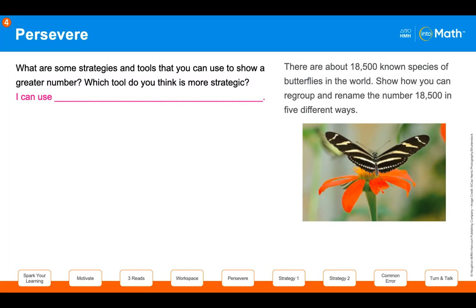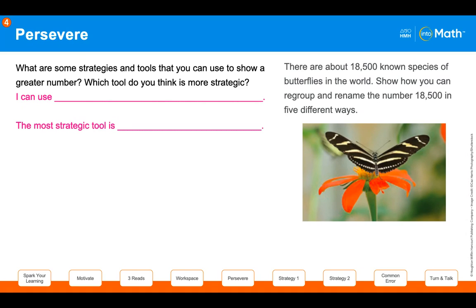So last week we learned that we can use standard form, but of course our number is already in standard form here. We can use word form, and we can use expanded form. We also could use base 10 blocks to represent this number. Can you think of any other strategies that we could use to show a greater number?